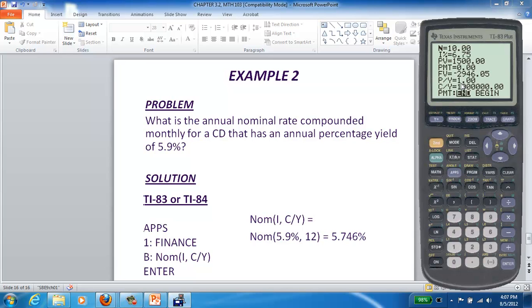So as soon as we know 4 out of 5, we are able to calculate the 5th quantity. And then we use the nominal rate and the effective rate. So we go to letter B, nominal interest, comma, compounding number of periods, and C, effective rate, interest, comma, compounding number of periods.